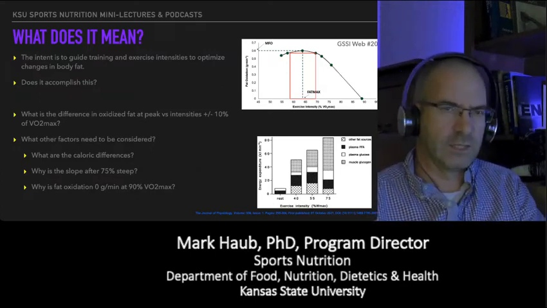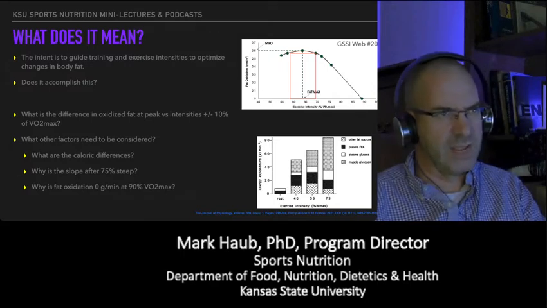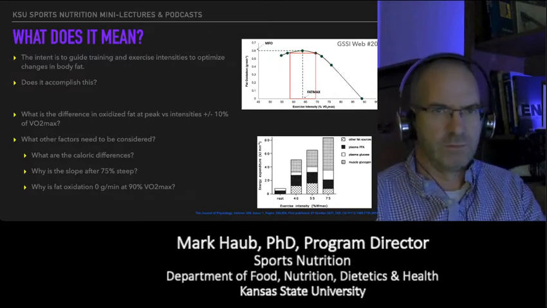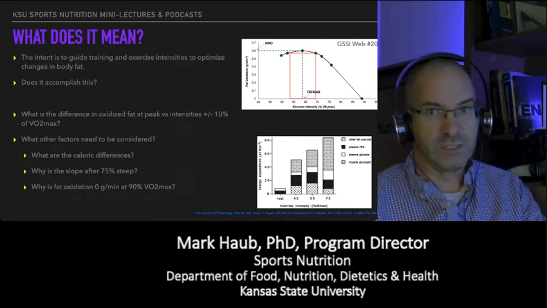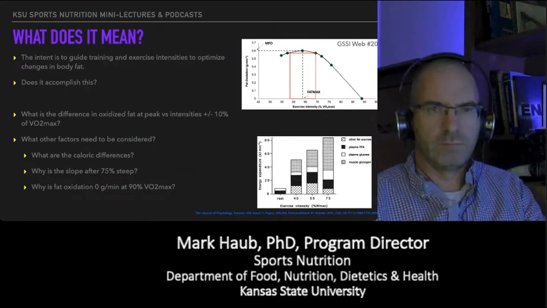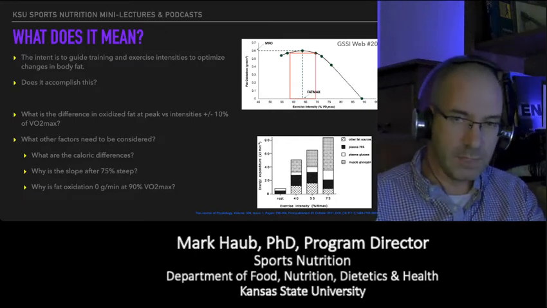So that's just one thing that I raise as a question: how is whole body fat oxidation 0? I find that fascinating, and maybe it is. I'm not saying it's not.